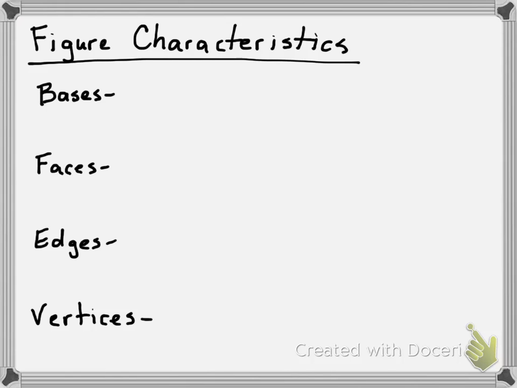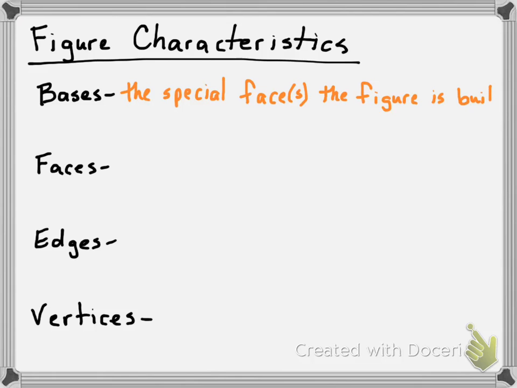Well, a base, we've kind of already used that word today. Okay, a base is the special face or faces that build the figure. Okay, so like I was saying, a triangular prism is really built from a triangle. So that's why the bases are triangles.